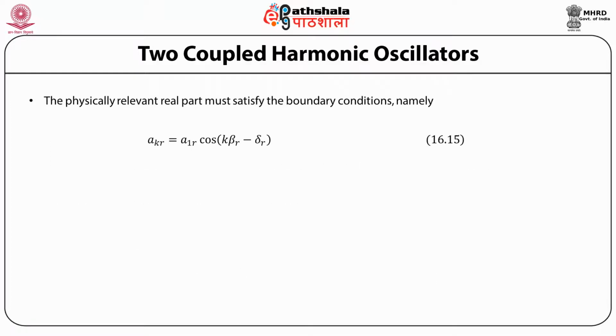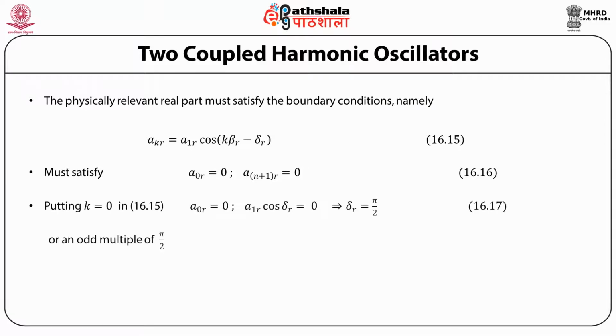The physically relevant real part must satisfy the boundary conditions, that is, a 0 r is equal to 0 and a n plus 1 r is equal to 0. So putting k is equal to 0 in equation 16.15, we obtain a 0 r is equal to 0, a1 r cosine delta r is equal to 0, which means delta r is pi by 2 or an odd multiple of pi by 2.